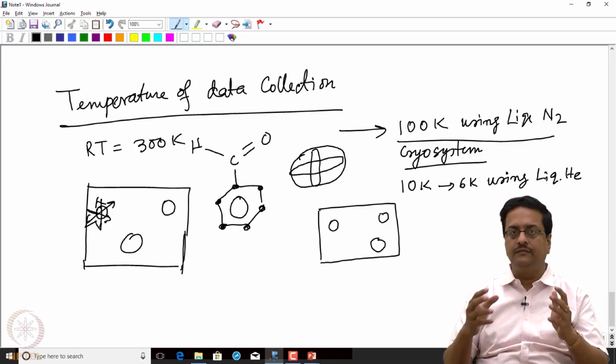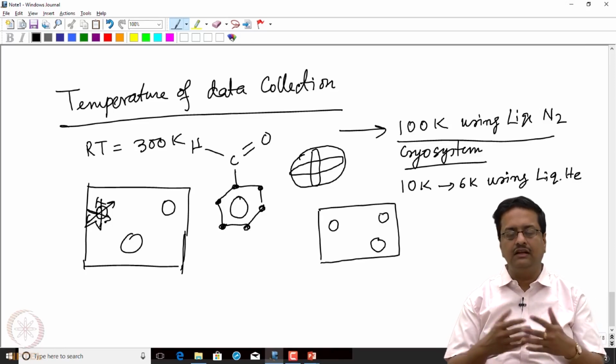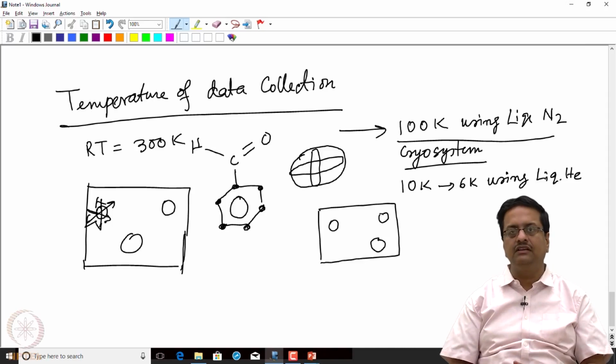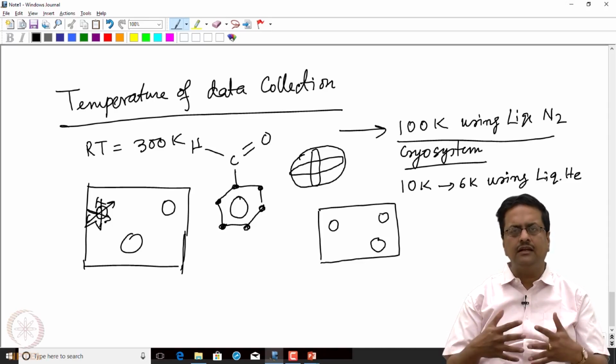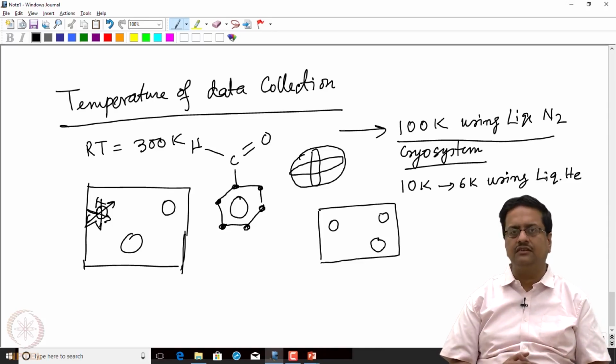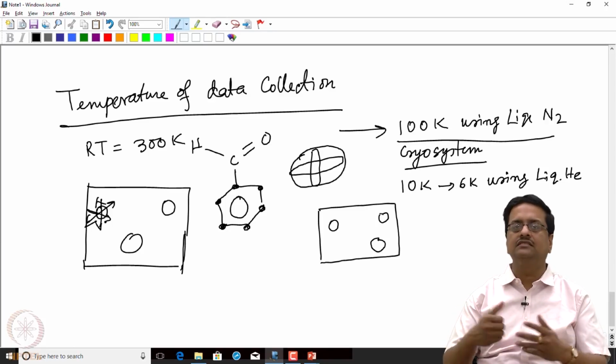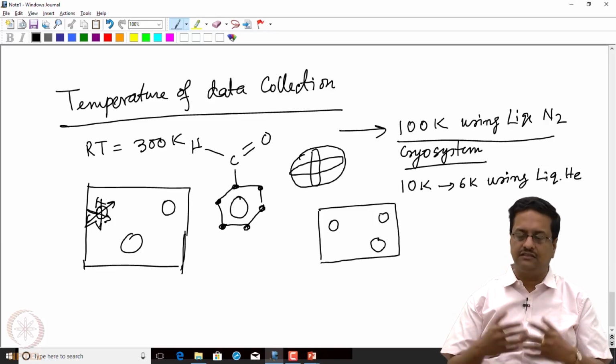As a result, the diffraction quality, that is the intensity of the diffracted beam, increases. So for any crystal, if you reduce the temperature to 100 K, it must improve the quality of diffraction from this crystal.